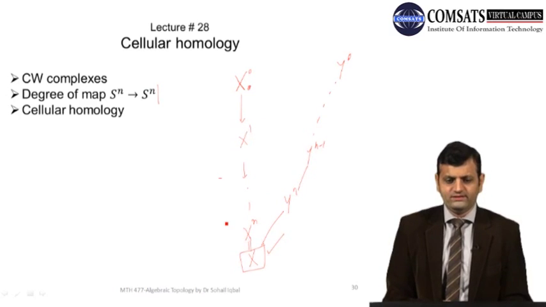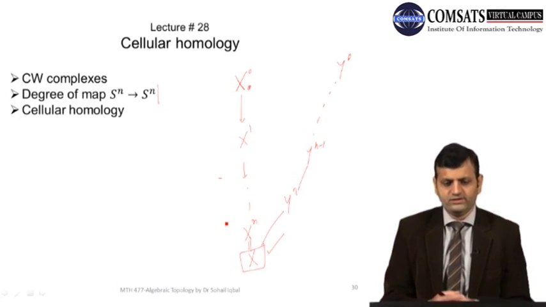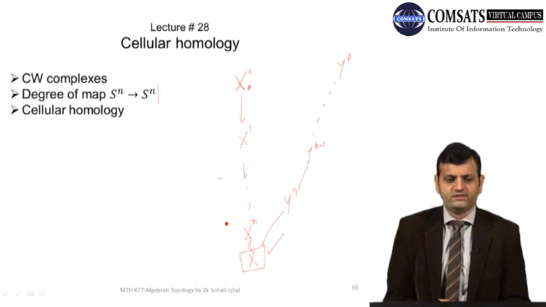This degree of a map is going to help me calculate cellular homology. In this lecture we define what cellular homology is. This is the third and last kind of homology, or we can say a method for calculating the homology that we did in these lecture notes.